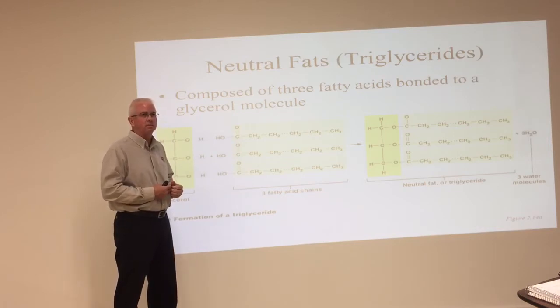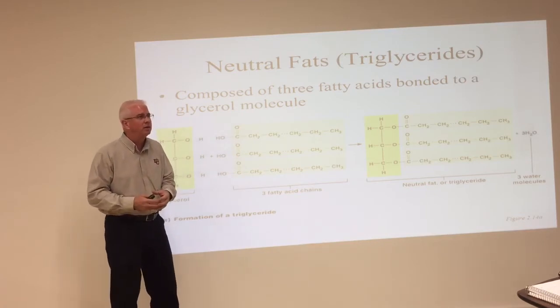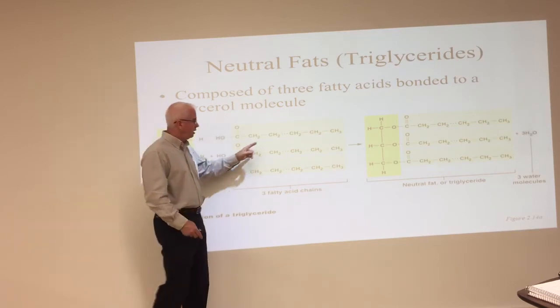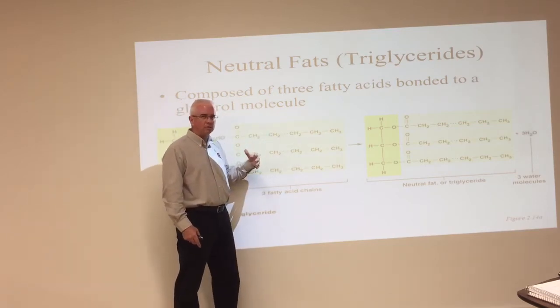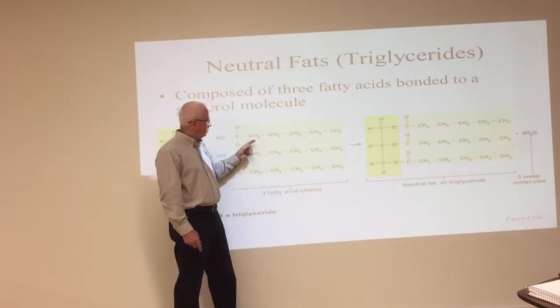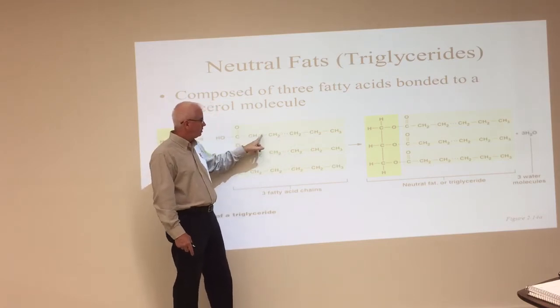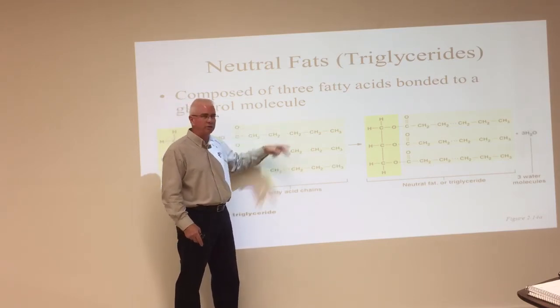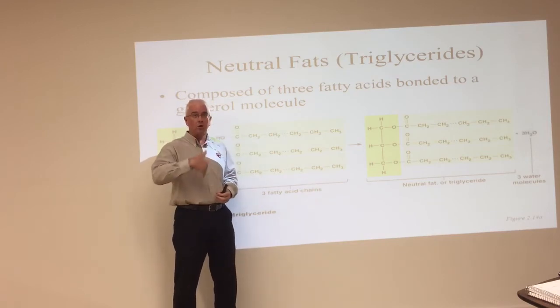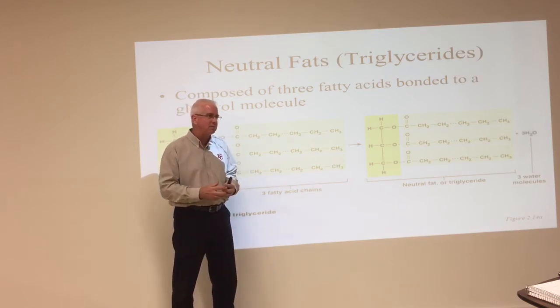When you say saturated to a chemistry person, what you mean is all of the bonds on the carbons are bonded to either carbons next to them or hydrogens. So there are no double bonds. So this carbon is attached to this one, and 2 hydrogens, 2 hydrogens, 2 hydrogens. So the full complement of 4 bonds on the carbon are there. These are saturated carbons. You see it? They're saturated with 4 bonds each.